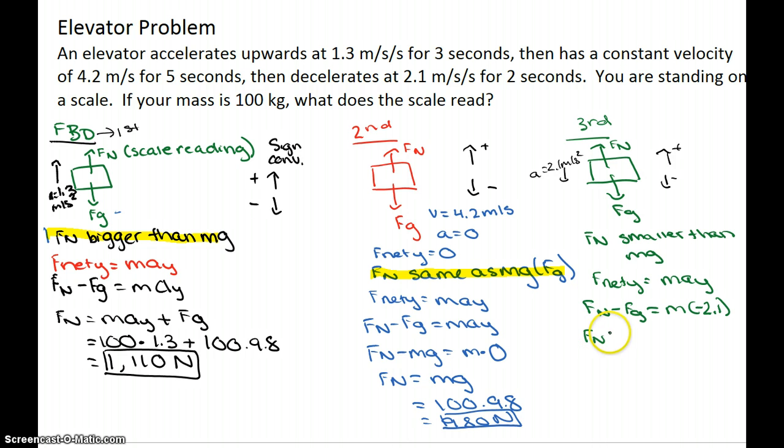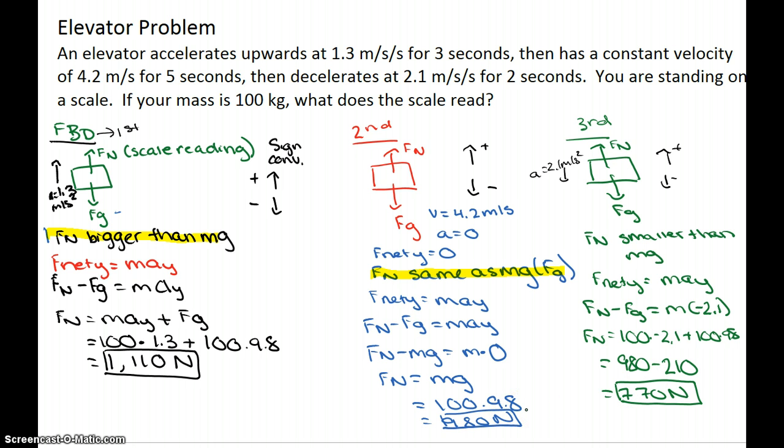So I have Fn equals 100 times negative 2.1 plus Fg, which is mg, so 100 times 9.8. Plugging this in, I end up with 980 minus 210, or 770 newtons, which is less than my weight, just as I'd expect.